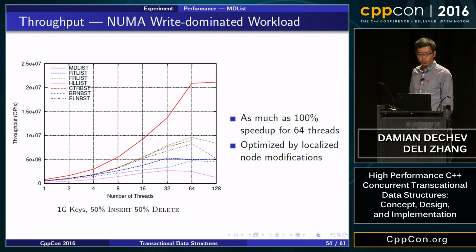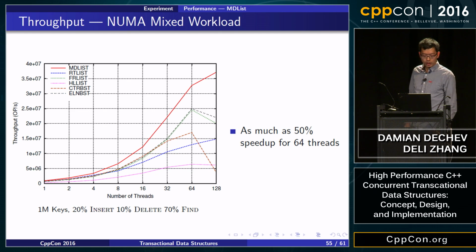So this is a pretty write-heavy workload. We can see that we obtain as much as 100% speedup for 60 threads, because the MDList is really optimized for write operations, as it only modifies at most 2 nodes. So for this kind of workload, it just performs the best.